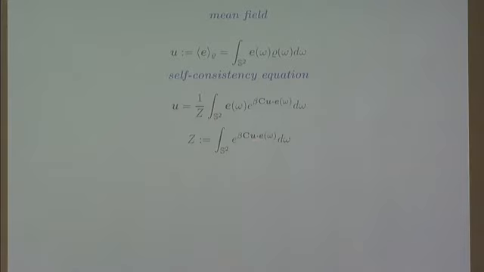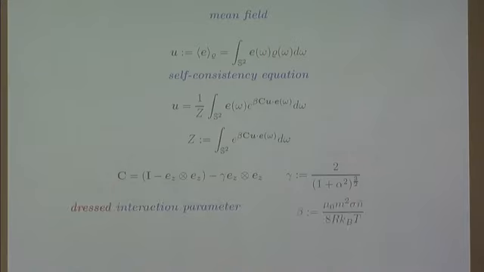Z is the partition function, and this C tensor, which is going to play a relevant role in our analysis, is a tensor which has this explicit structure. Ez is again the unit normal to the layer, and gamma is this rational function of alpha.